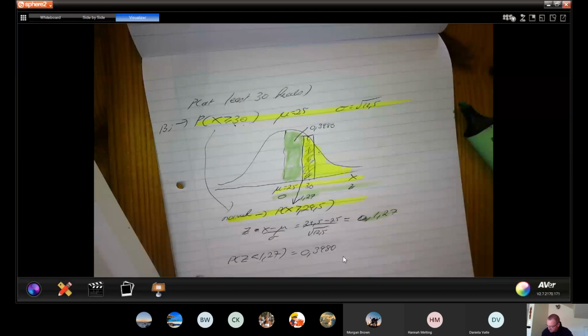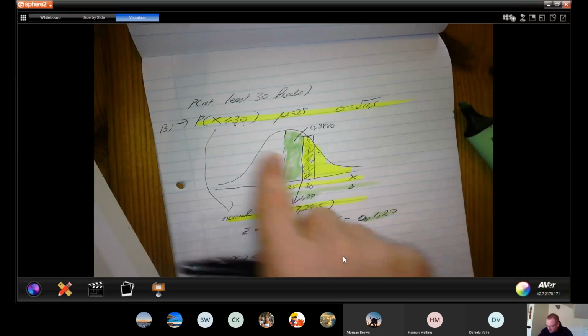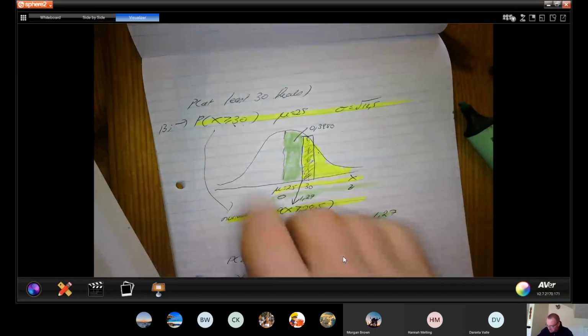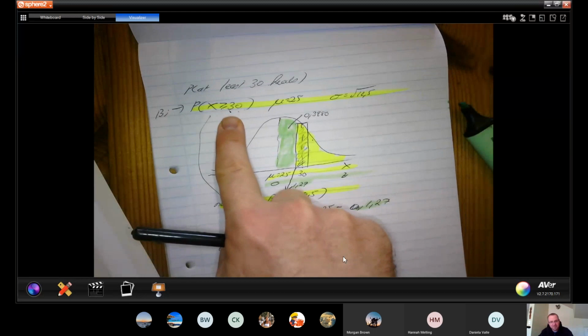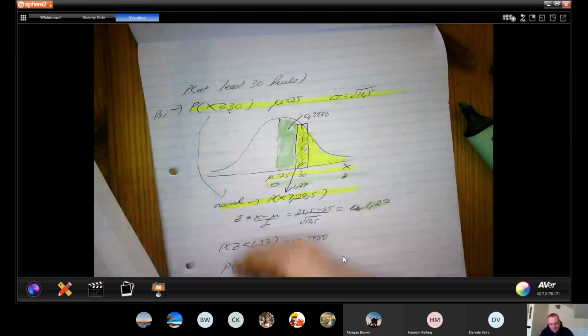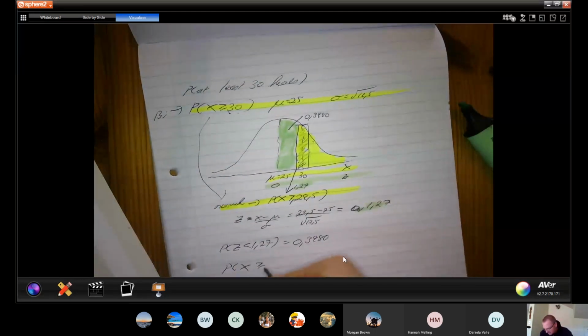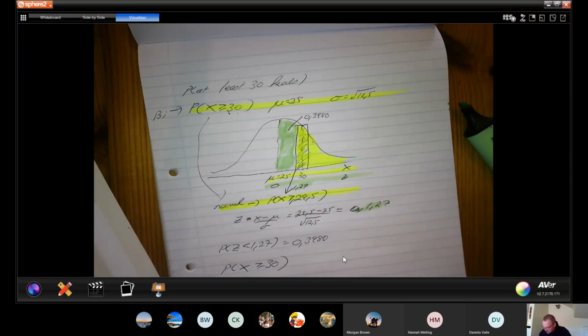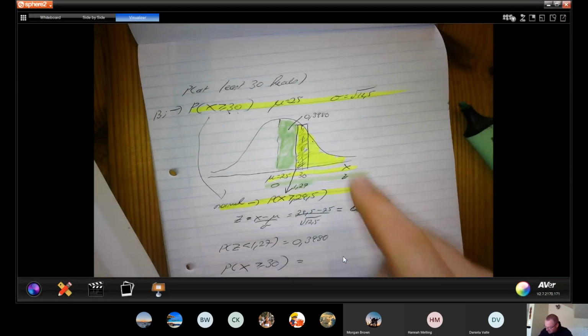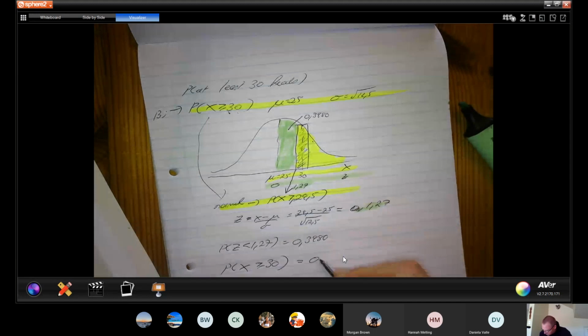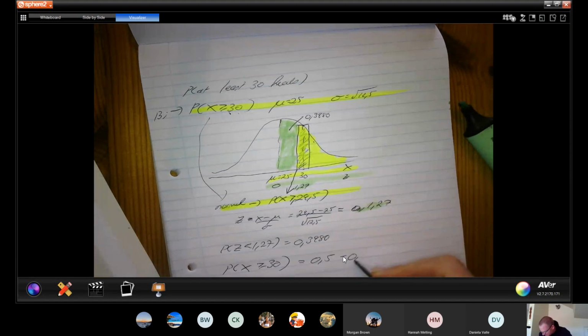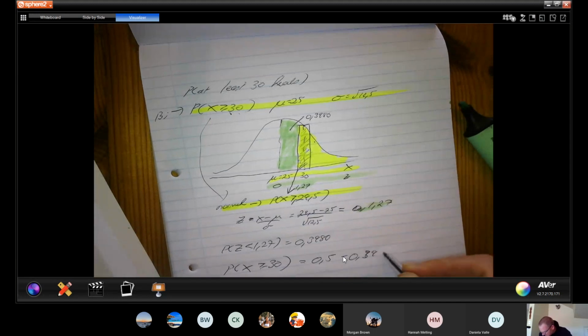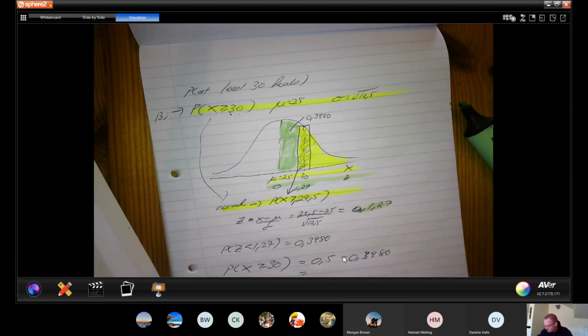So overall, let's go back to the original question and put our final answer, that you get at least 30 heads. In other words, the probability that X is greater than or equal to 30 is going to be equal to, so the yellow region is going to be equal to 0,5 minus 0,3980.